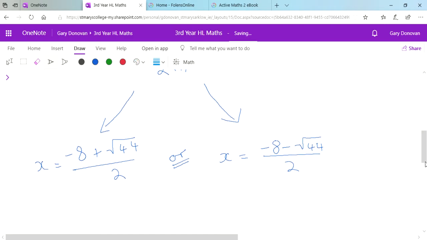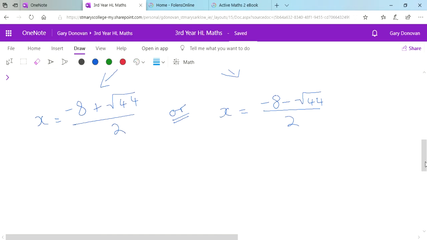Now, depending on what way they ask you to leave your answer, let's say they say in this question your answer has to be to 2 decimal places. We then type this into our calculator. So minus 8 plus square root 44 equals divided by 2. And for the first answer, we get x equals minus 0.68.